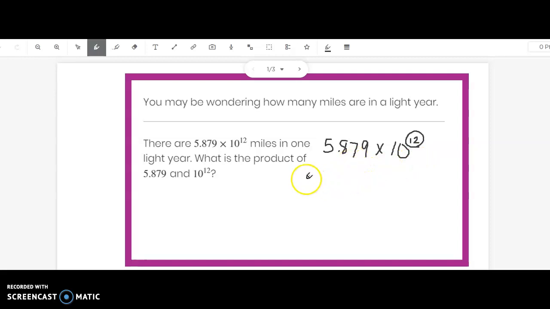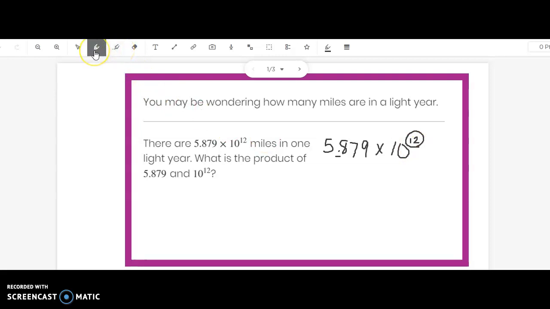So if I want to multiply times 10 to the 12th power, I simply need to move my decimal point. And the 12th power is also going to tell me how many places I want to move that decimal point. We're going to make it dance a little bit.